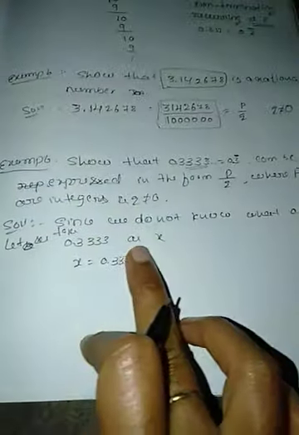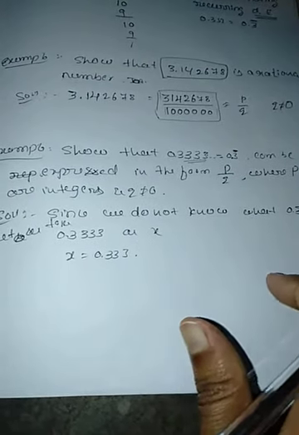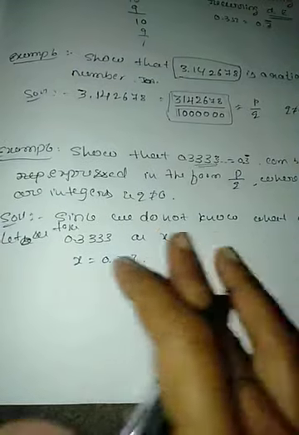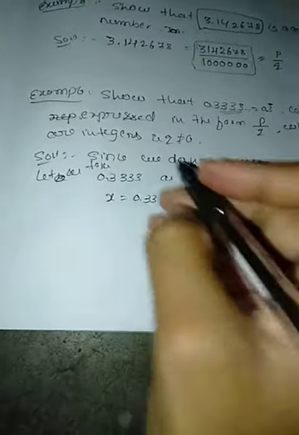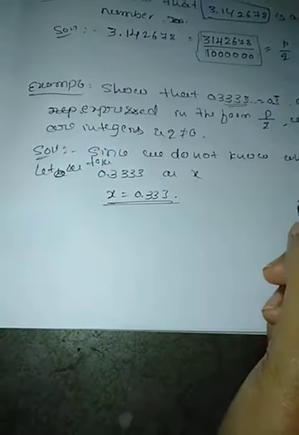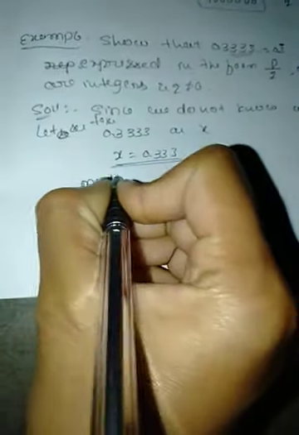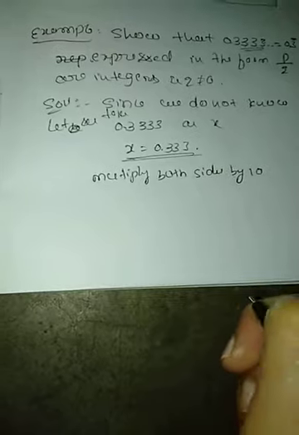See here, since we do not know what 0.3 bar is, let us take 0.333 as x. So x is equal to 0.333 bar. Now we multiply both sides by 10.